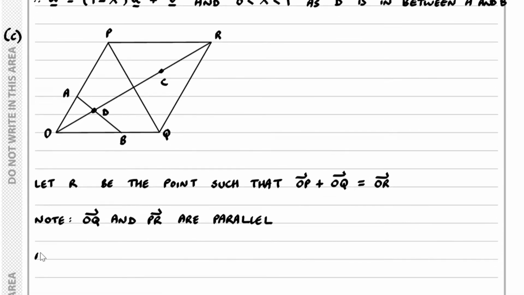Now, as we know OP, the magnitude of it, is equal to the magnitude of OR, well, we've added on OQ to the point P to create this line here, PR. So OQ and PR are parallel, and they'd also be equal.